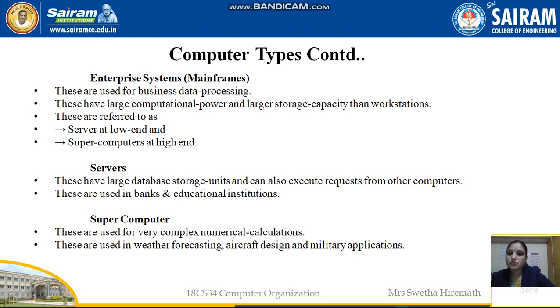These are also referred to as servers at the low end and supercomputers at the high end. So what are the servers? Servers consist of large storage units and can execute requests from other computers. Other computers act as clients. The clients request some data, and these servers give back the required information to the clients. So next type of computer is the supercomputers.